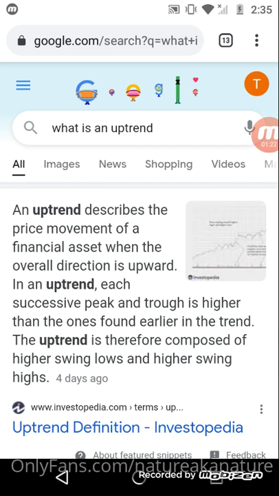So for today, now that we understand Japanese candlesticks, which is the basics, understanding doji, spinning top, marubozu, bullish and bearish engulfing, now we understand the basics of trading. We can go into a more advanced step.